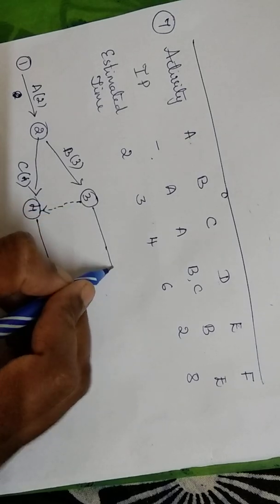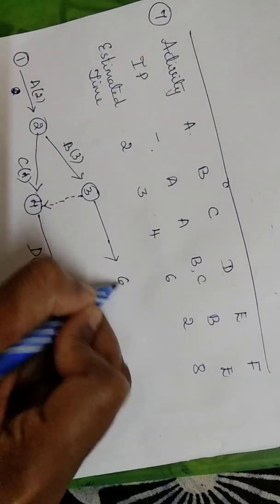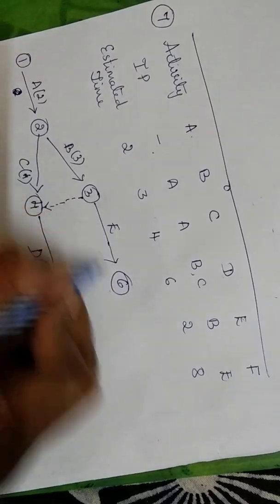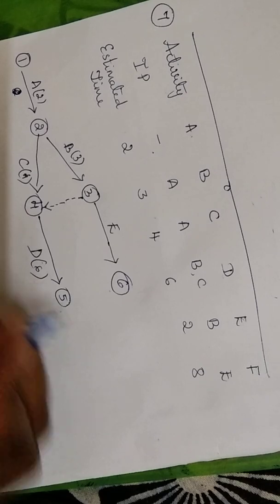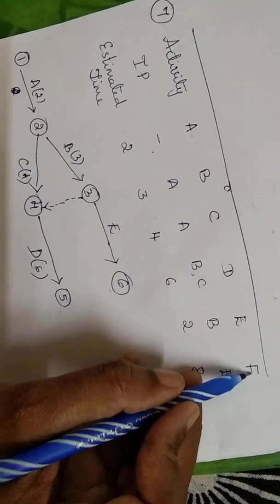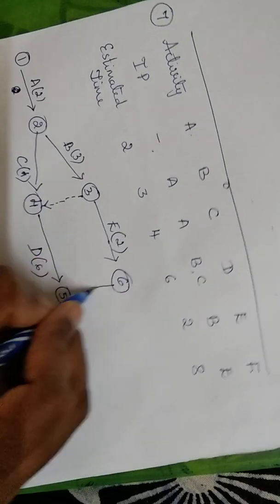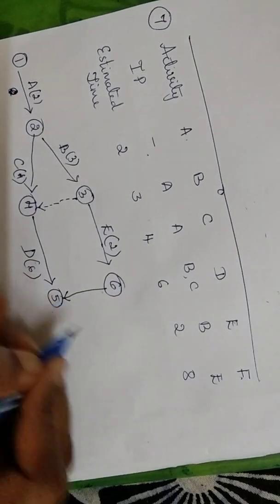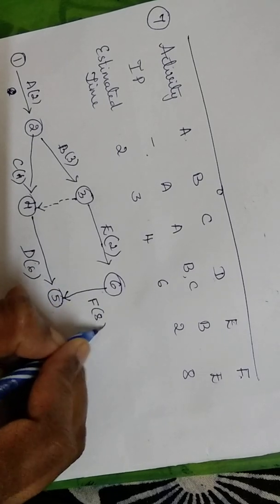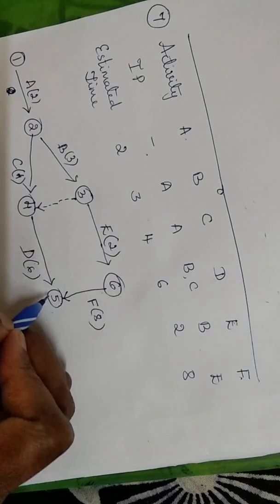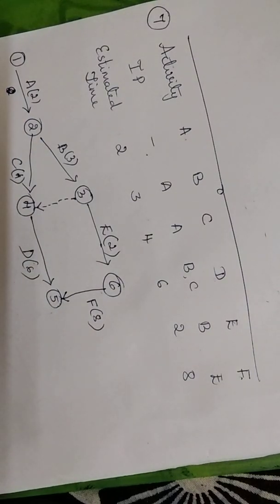So if I am putting an arrow here, that means I have completed B activity when I take this up. Later, you are given that for F it is E, correct? So I should draw a line here. For F activity 8 hours is required. So I complete the loop like this. So this is how we draw.